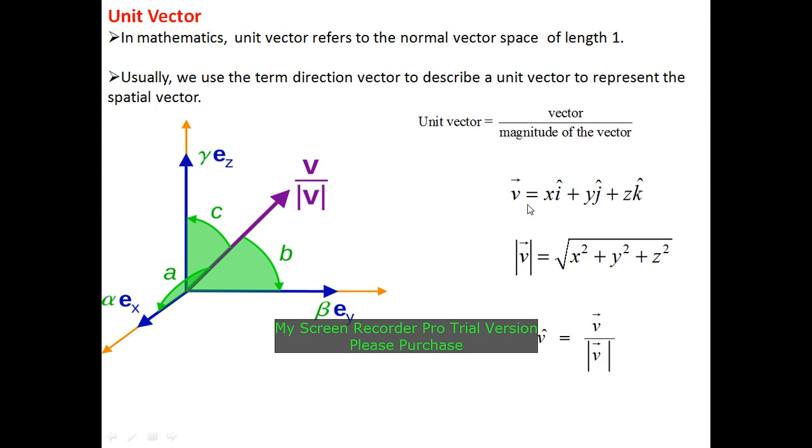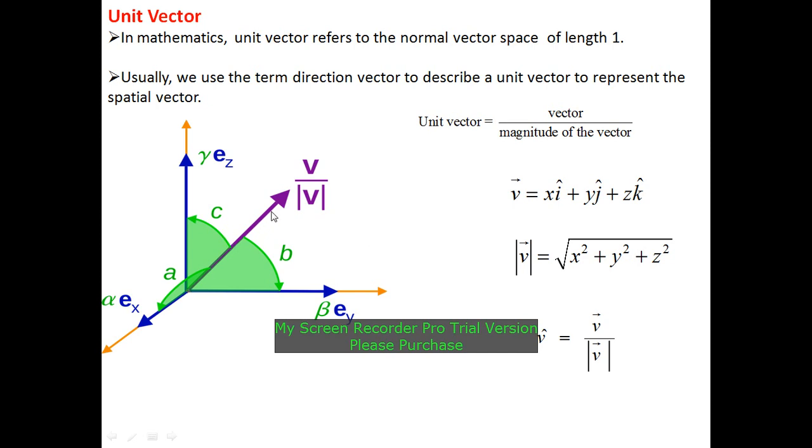Now the magnitude of vector v is equal to the root of x square plus y square plus z square. Now what we can do is: the unit vector is xi plus yj plus zk upon the magnitude of the vector. So this is our final unit vector equation.